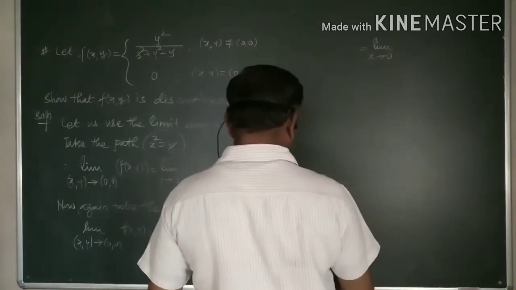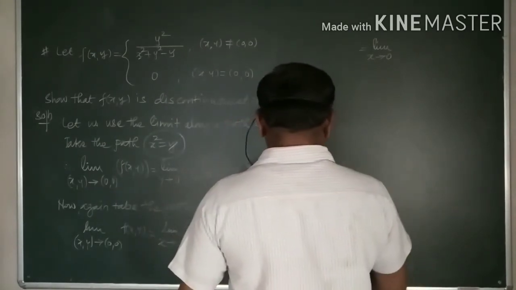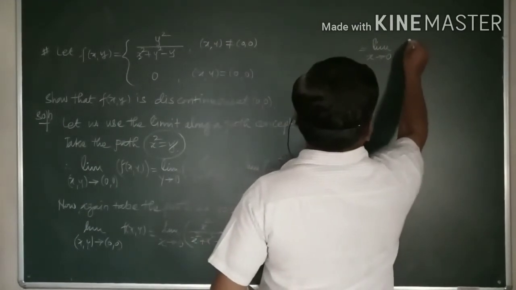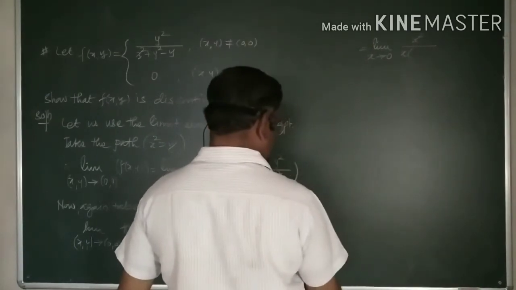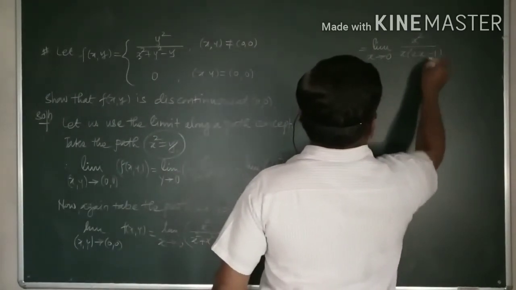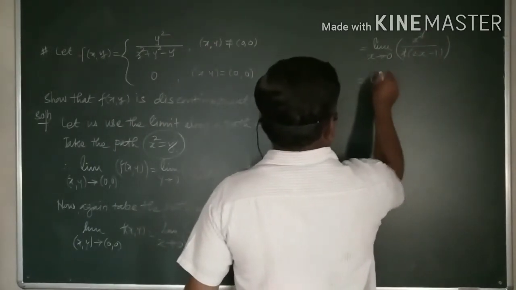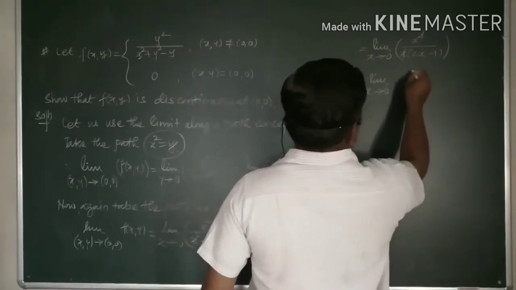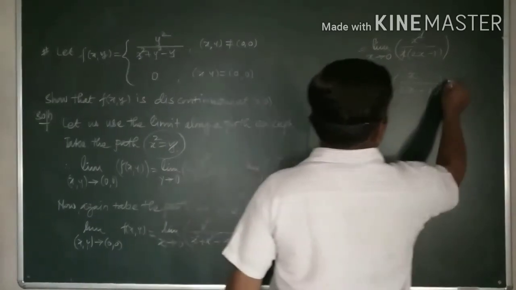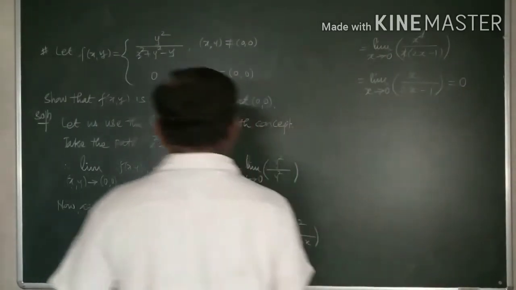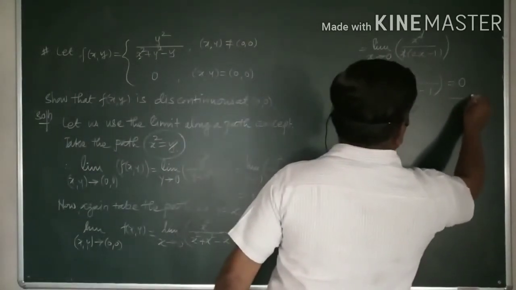Let us take x outside, then what is happening here? x square upon x, here is 2x minus 1. Okay, now this x cancels with this x, so that limit x tends to 0 of x over 2x minus 1, and this is equal to 0. Okay, therefore, let me call this as A and this as B.